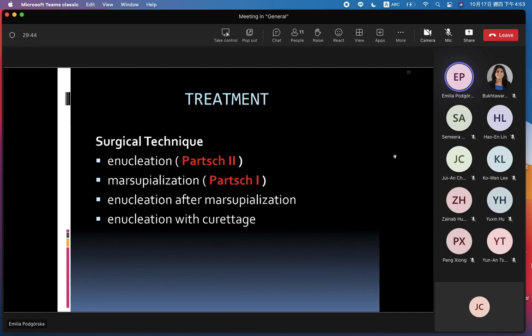And as for treatment of cysts, we have different surgical techniques like enucleation, also called Partsch 2 method, marsupialization, Partsch 1 method, enucleation after marsupialization, or enucleation with curettage.